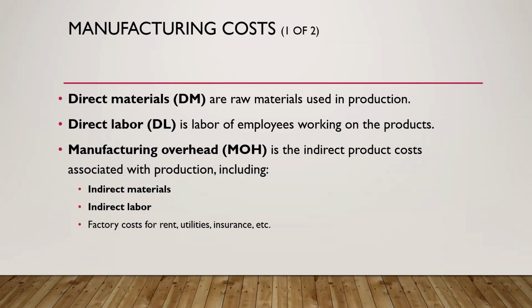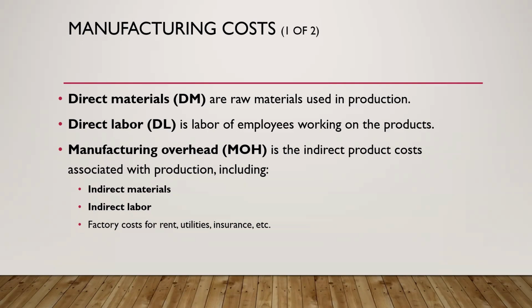Product costs are classified into 3 categories for manufacturing companies. You have your direct materials, your direct labor, and your manufacturing overhead. Direct materials consist of raw materials that are converted into a finished product. Direct materials can be easily and cost-effectively traced to the product, so they are considered to be direct costs.